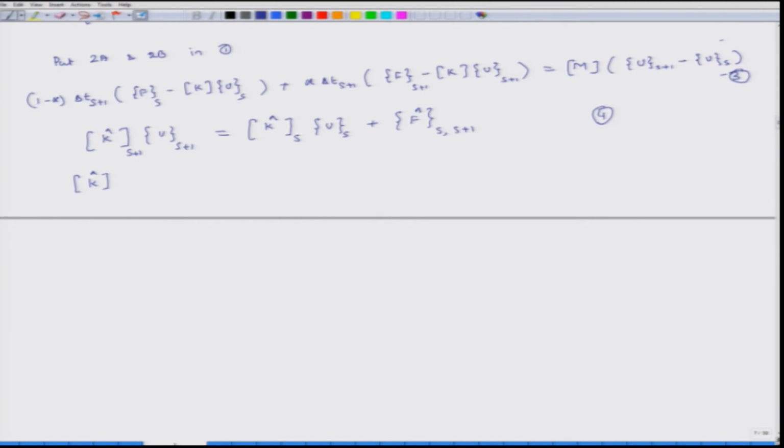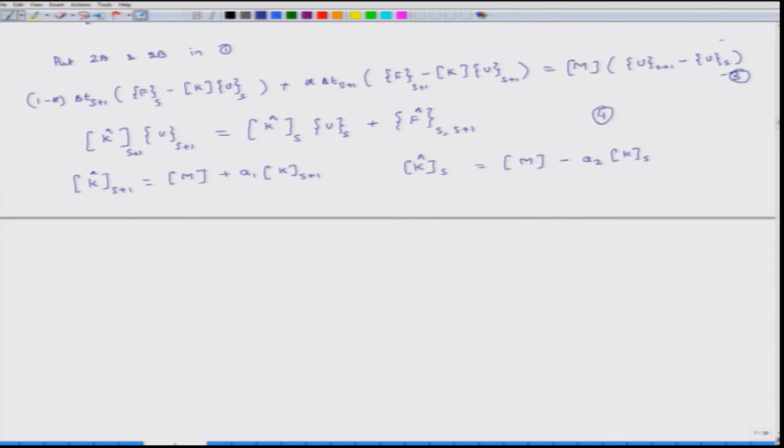K hat at time step s plus 1 equals the mass matrix M plus a constant A1 times K of s plus 1, okay, and K hat evaluated at time step s is different, it is M minus A2 K evaluated at time step s.